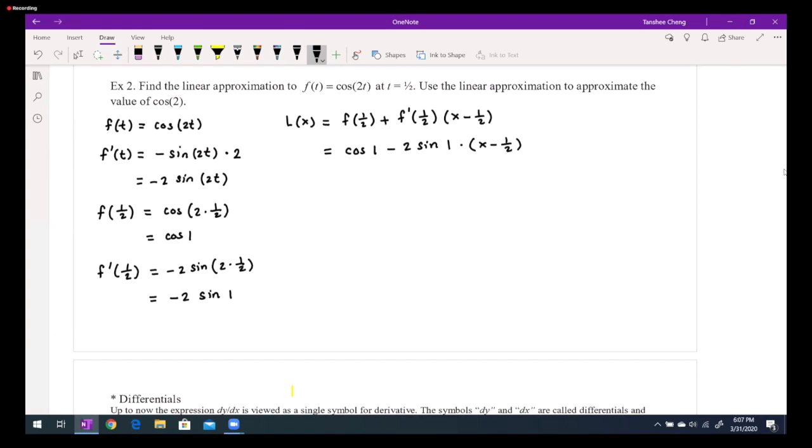So now what we want to do is use this linearization function to do the linear approximation for the value of cosine of 2. So here's the question: what is the value of cosine of 2? And here's the important part that you need to know, because I need to know exactly where my x is going to be.